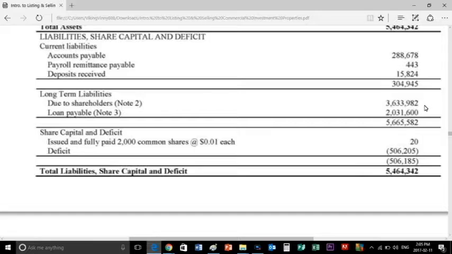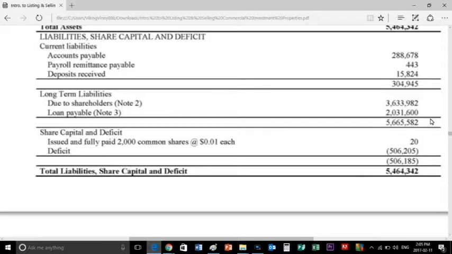Long-term liabilities, we've got due to shareholders, note 2, $3,633,982. And the loan payable, note 3, $2,031,600.